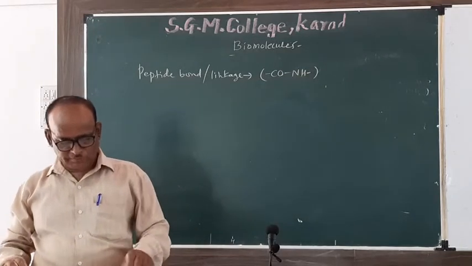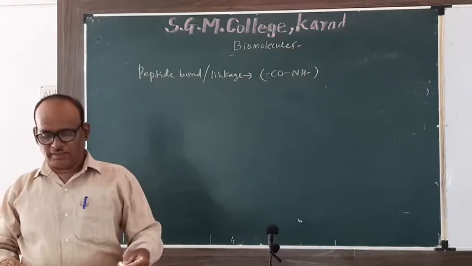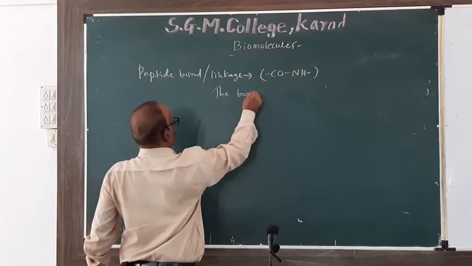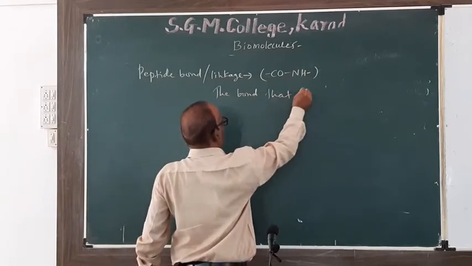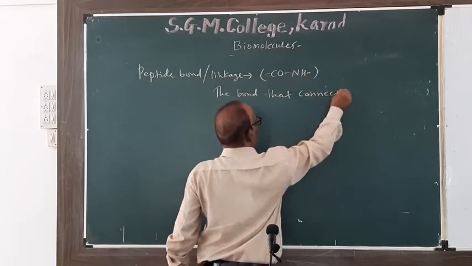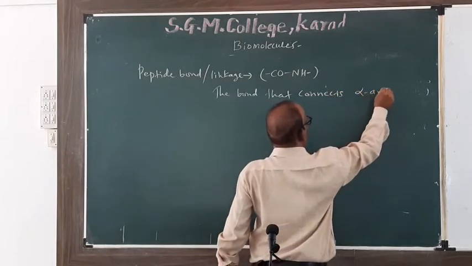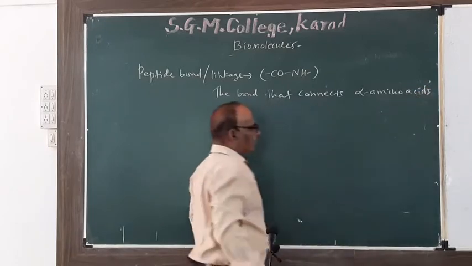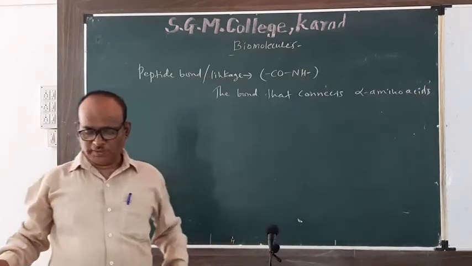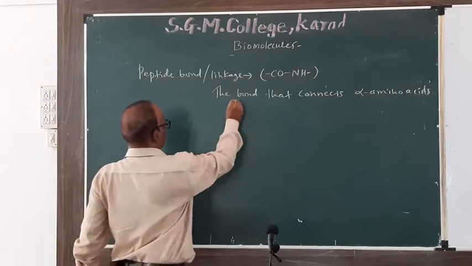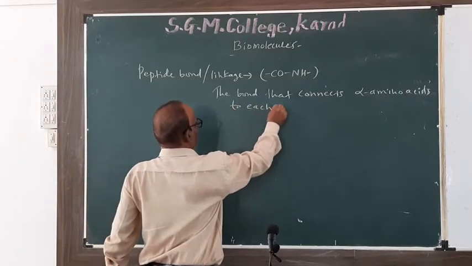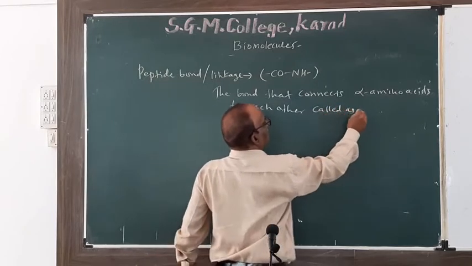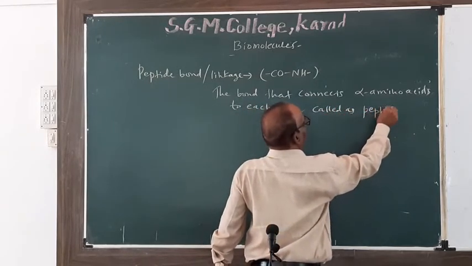The definition of peptide linkage is the bond that connects alpha amino acids. The bond that connects alpha amino acids to each other is called a peptide bond.